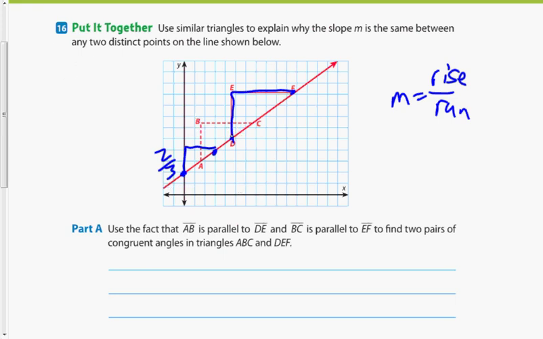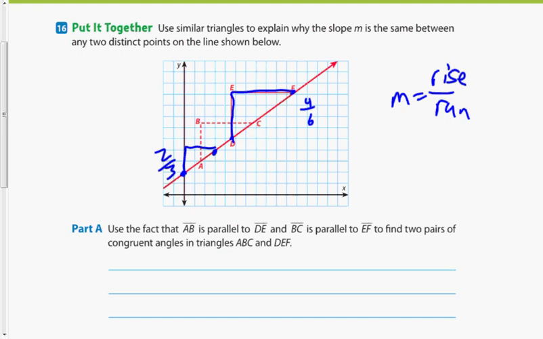We're going up 1, 2, 3, 4, and over 1, 2, 3, 4, 5, 6. So it's 4 over 6. Guess what 4 over 6 reduces to? 2 over 3. So you get the same thing, and they're similar triangles. If you look at them, it's just one's a bigger version of the other.